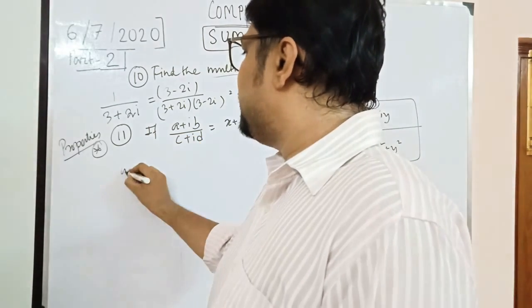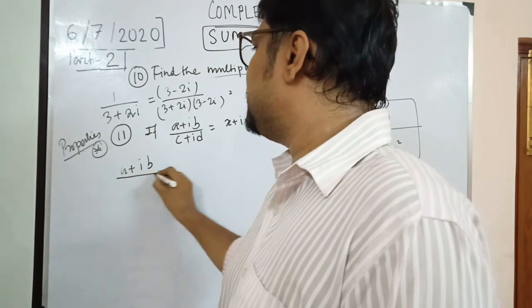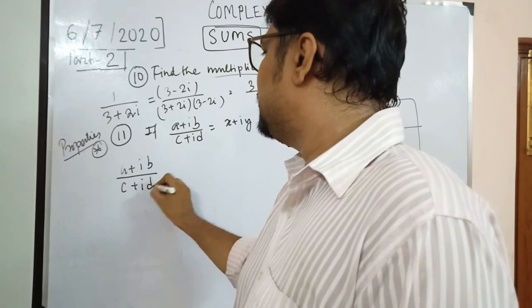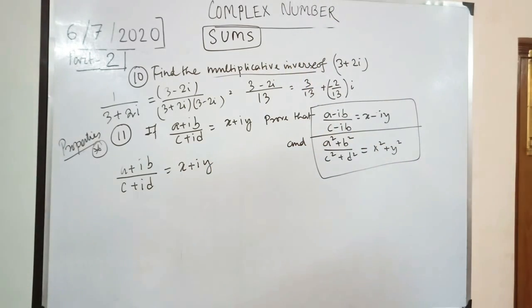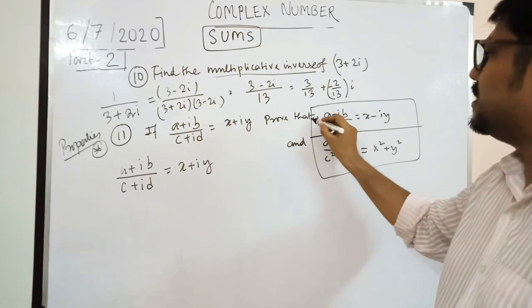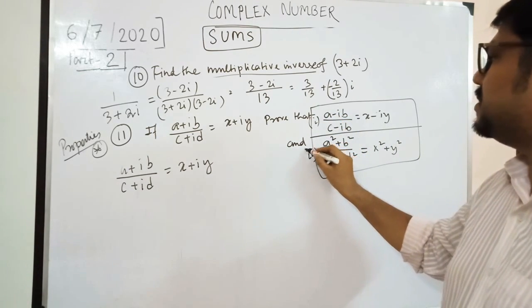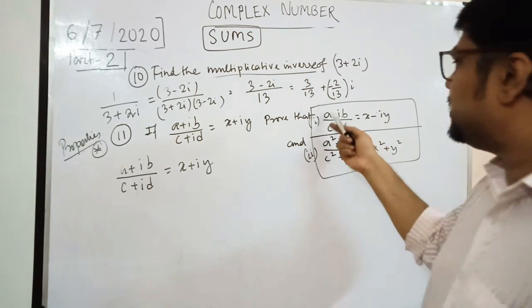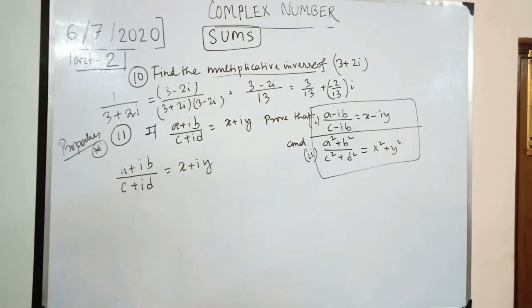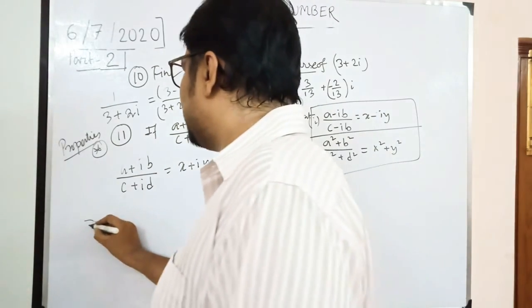So a plus ib by c plus id is equal to x plus iy. This is given. Now look at this first proof, this is number 1 question, and this is number 2 question. So look at the number 1 question first. What we see is that the sign becomes minus, so that means there is a kind of conjugation happening. So we can apply the conjugate property over here.